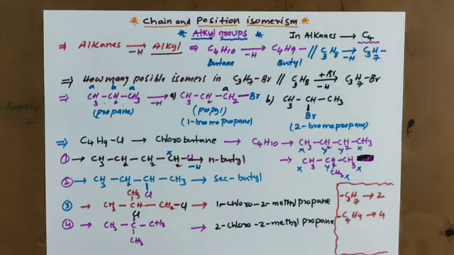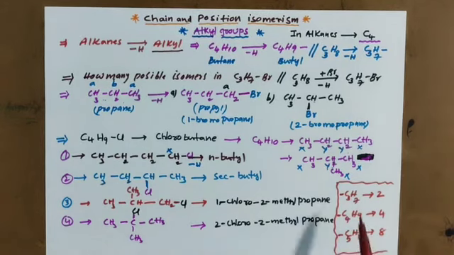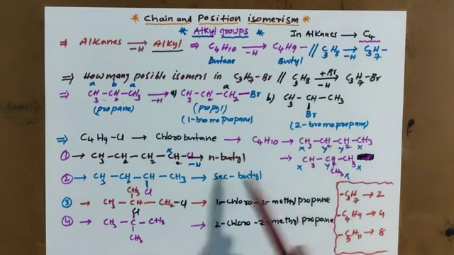If pentyl group is there, C5H11, you are getting 8. Propyl 2, butyl 4, I shown here, with N-butane 2, isobutane 2. And pentyl group is there, 8.